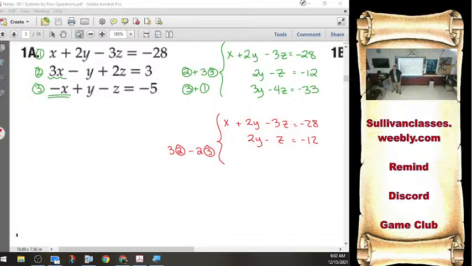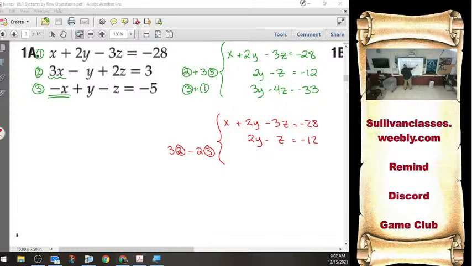Okay. 3 of these is 6y. Minus 2 of these is 6y. Gone. 3 of these is negative 3z. 2 of these is negative 8z.